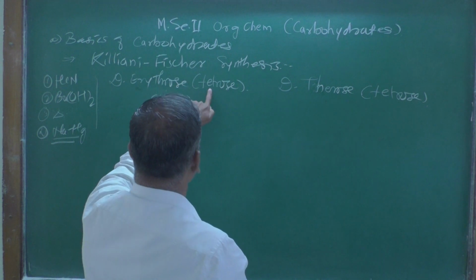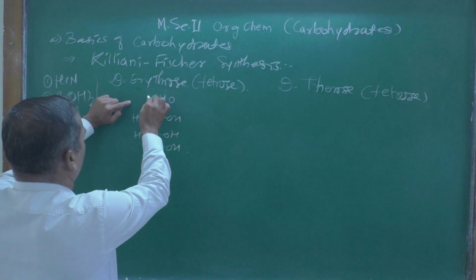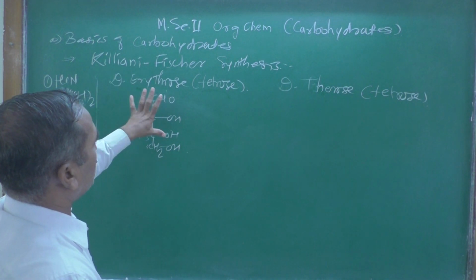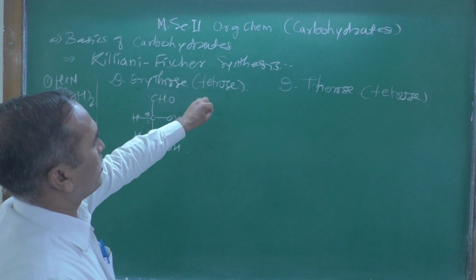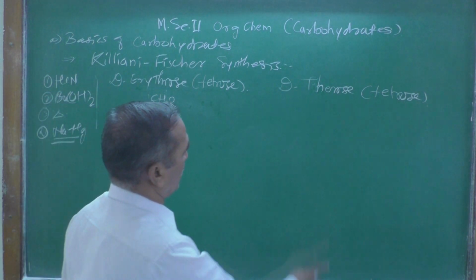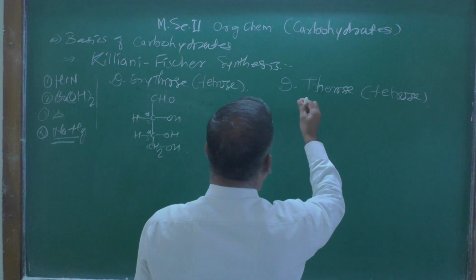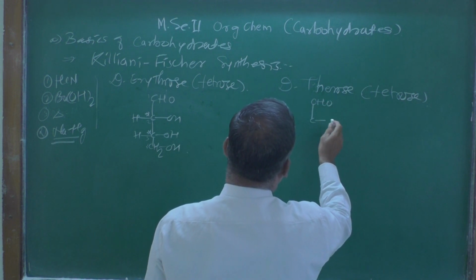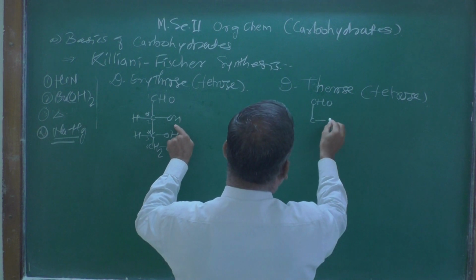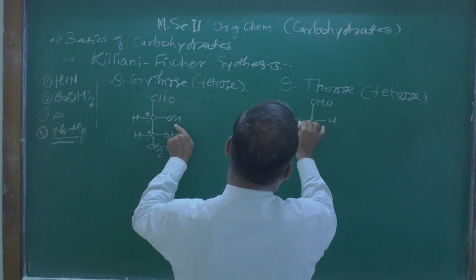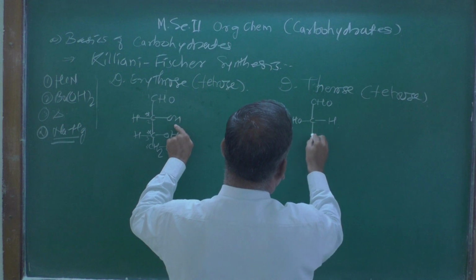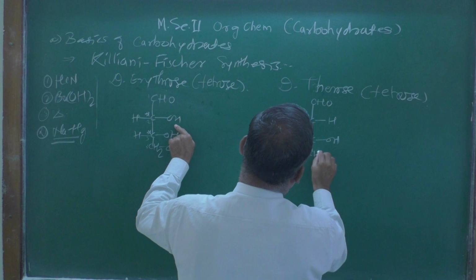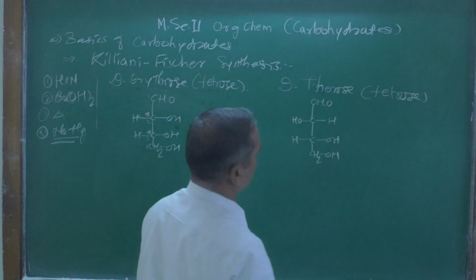Why is it known as a tetrose? Look here, number 1, 2, 3 and 4. There are 4 carbon atoms, and therefore it is called a tetrose. Now threose again has CHO, the same thing, but here the hydroxy group is on the left hand side, then C, OH, H, and then CH2OH.